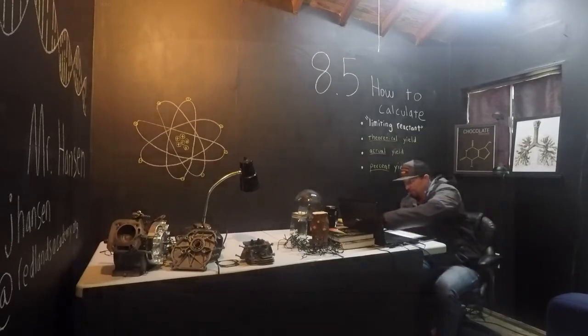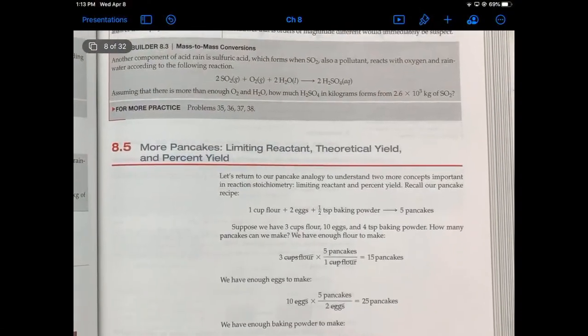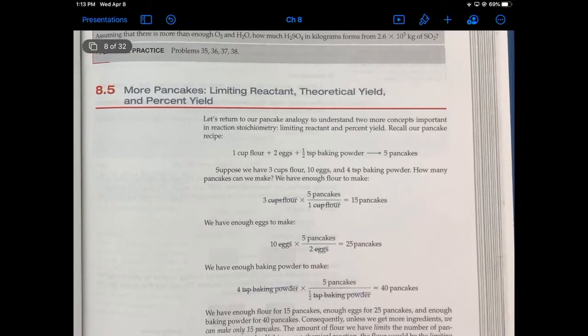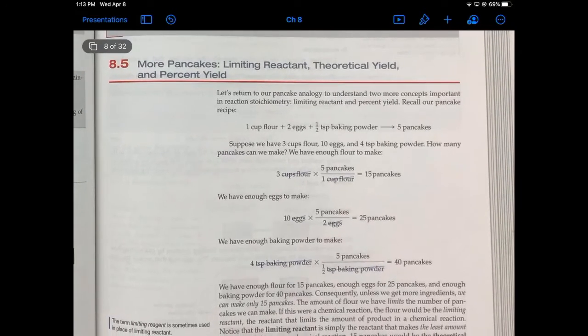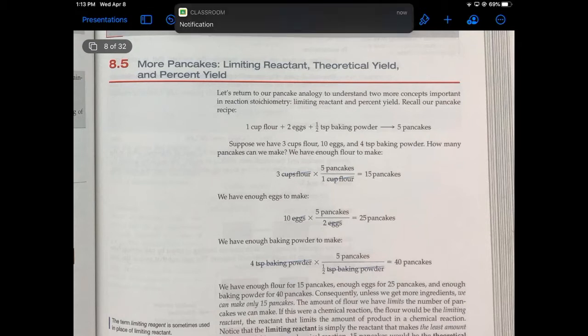It's not really intuitive. So scrolling down here, you can see that if we did what we learned in the last lesson, which is convert the ingredients, convert anything in the recipe to the product using the conversion factors. Remember, that's what we learned last lesson, how to use the recipe to make conversion factors. We can see that it's actually not going to be the baking powder.